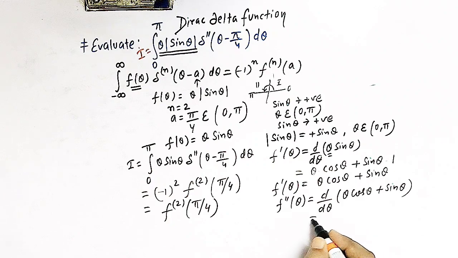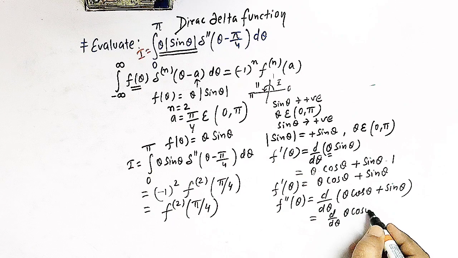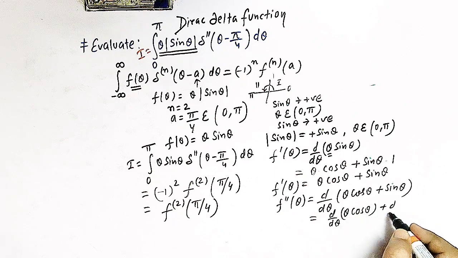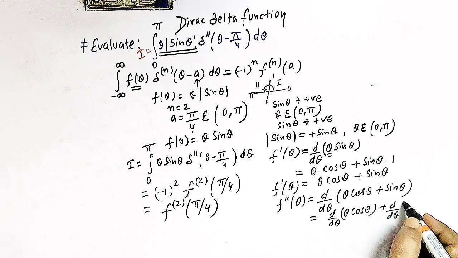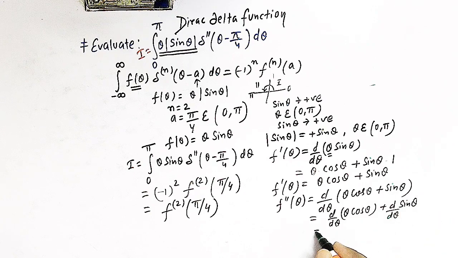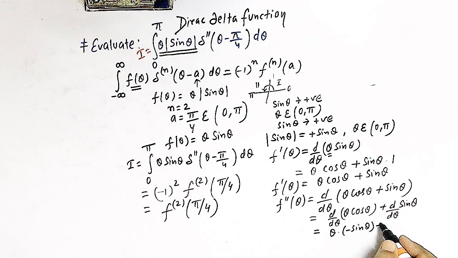So now we can write d by d theta of theta cos theta and the derivative of sine theta, right? So here again we'll apply the product rule. So first function, then the derivative of cosine theta is minus sine theta, and then we have cos theta, and the derivative of theta is 1, and the derivative of sine theta is cos theta.